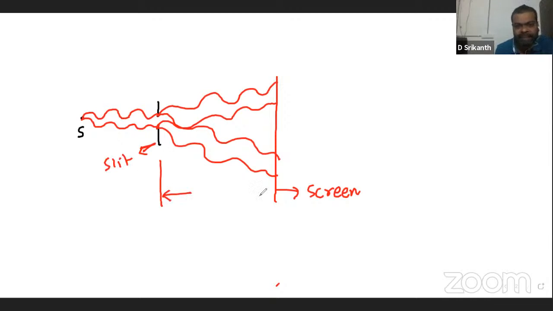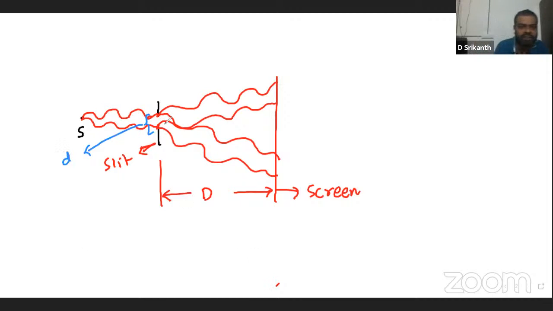There is a distance between the slit and the screen that we call capital D, which we learnt from the interference in Young's double slit experiment also. And small d is the distance between the slits.